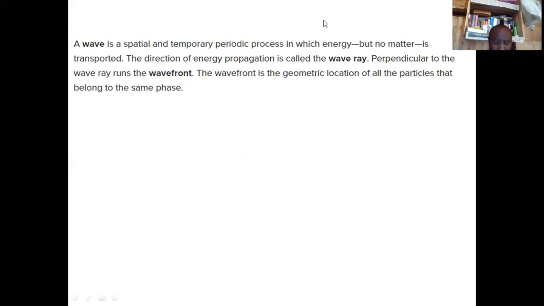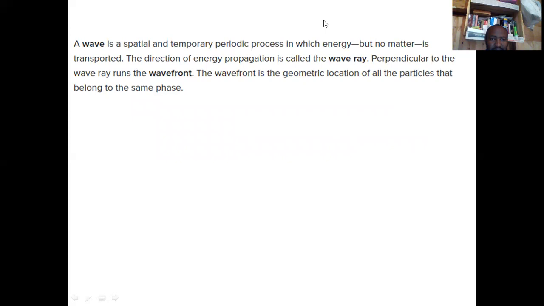So the oscillations are linked to generation or the production of the waves, and then the waves now propagate in space. So then we can say a wave is a spatial and, if you like, temporal periodic process in which energy, but not matter, is transported.